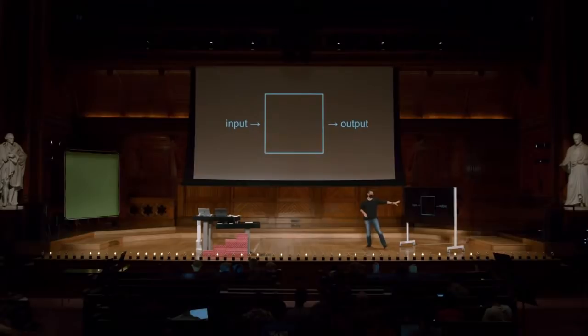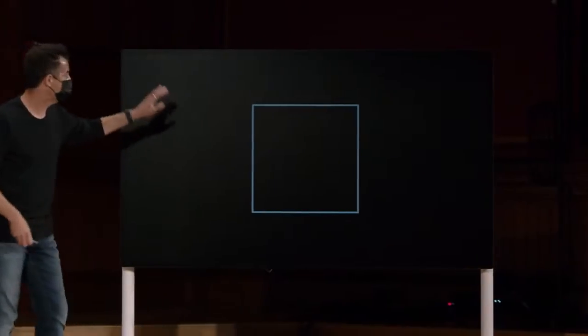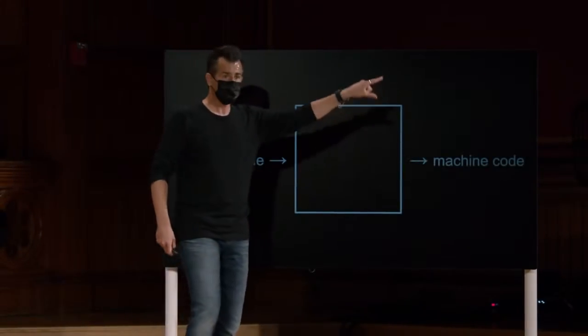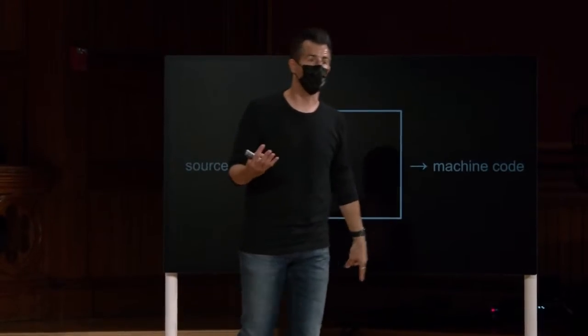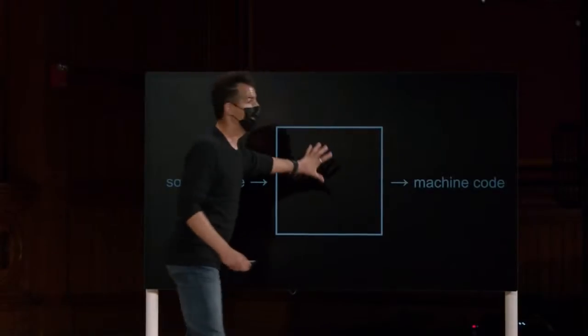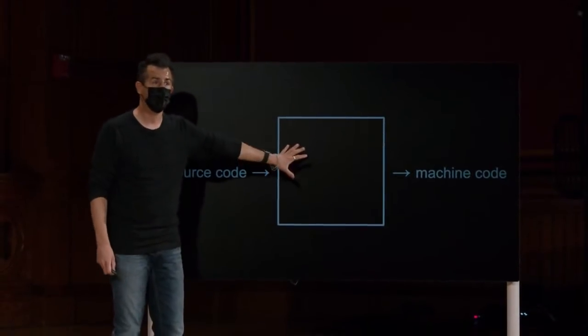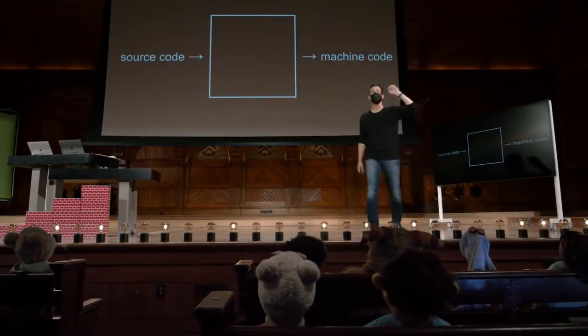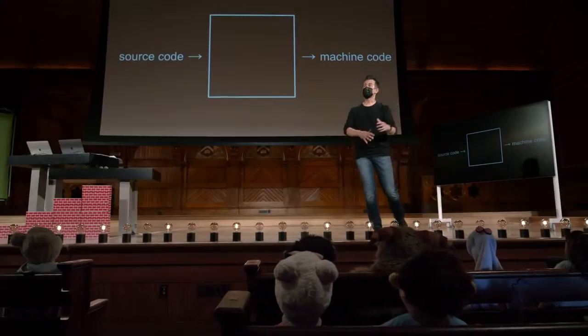Fortunately, last week's definition of computer science, of problem solving, is a nice mental model for exactly the goal at hand. I have some input, aka source code. I want to output ultimately machine code, those zeros and ones. I certainly don't want to do this process by hand. So hopefully there's an algorithm implemented by some special program that does exactly that. And those of you who do have some prior experience, this program might be called a compiler.